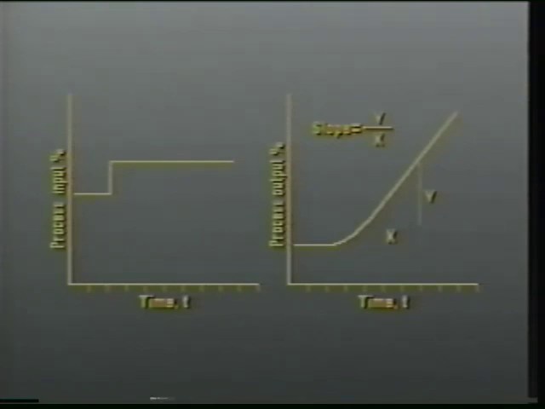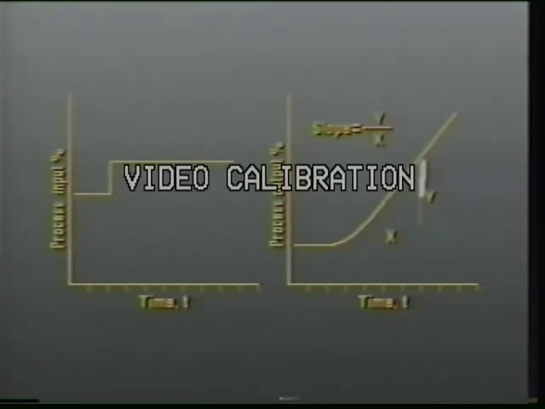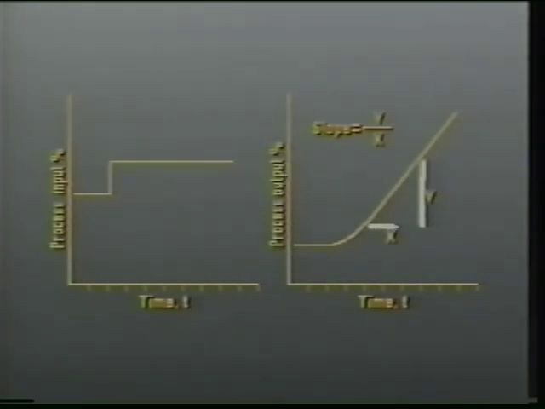Graphically, we can illustrate the rate of change by plotting the tank level as the y-coordinate and time as the x-coordinate. The slope of this line is derived by dividing the change in y by the change in x. The steeper or greater the slope, the greater the rate of change in level.